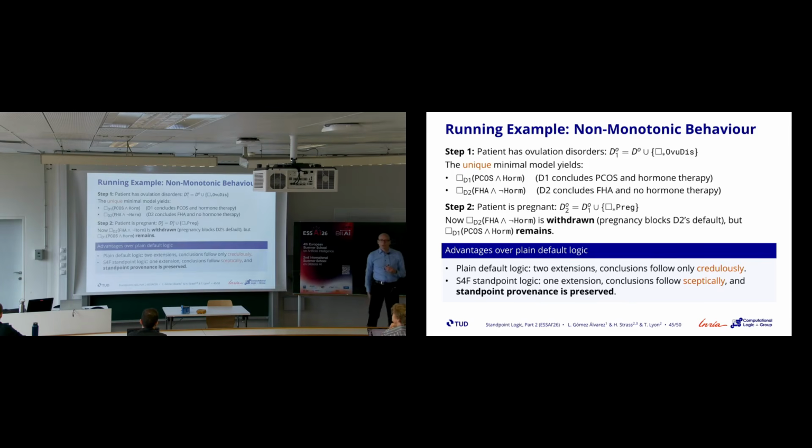So in this case, we can see that standpoint logic nicely allows us to keep these essentially inconsistent and incompatible conclusions separate, so we don't get an overall inconsistency because we must conclude both hormone therapy and no hormone therapy, because they are located in different standpoints, right? And this is what standpoint logic does. If they are incompatible things, it's fine as long as they are in different standpoints.